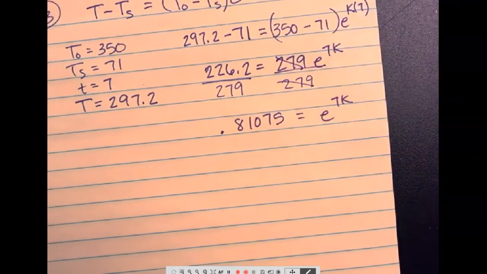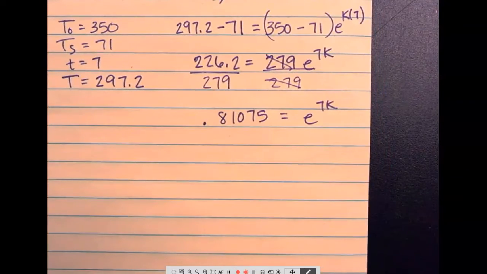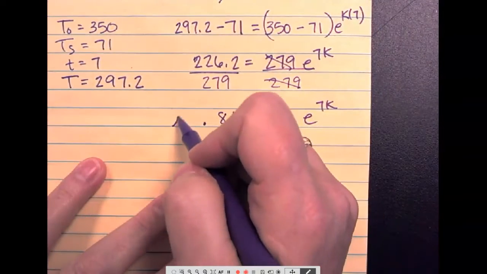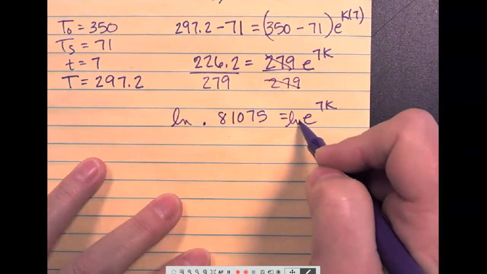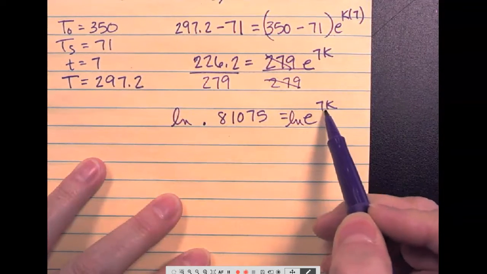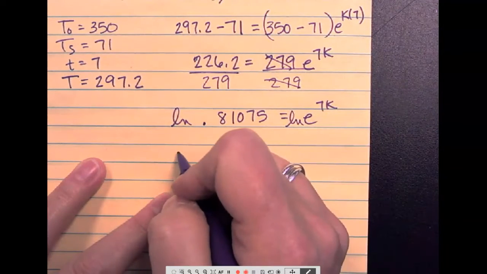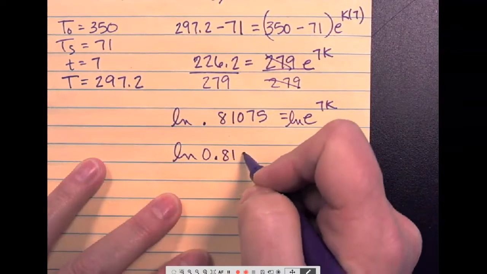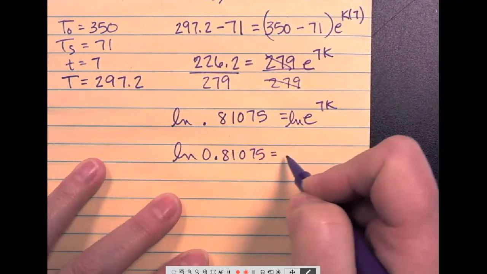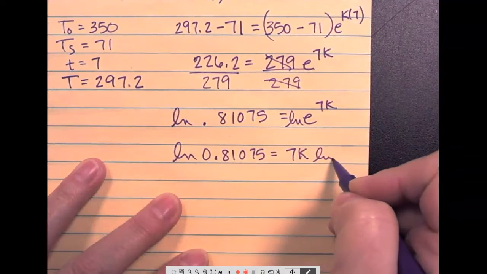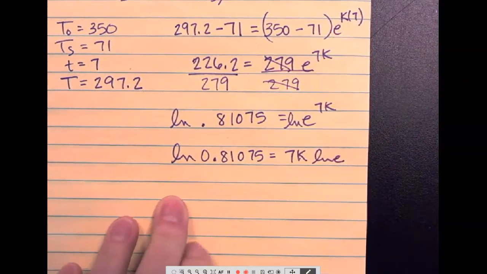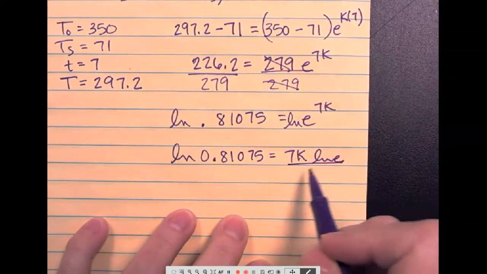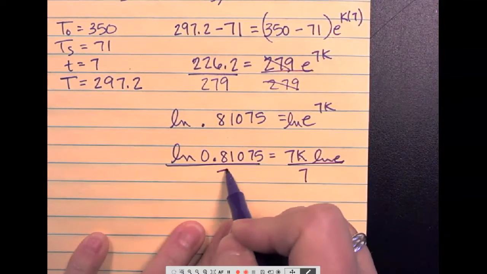Alright, so what I'm solving for is in the exponent. That's when logarithms come in handy. I can take the natural log of both sides, and then over here that 7k will come down as a coefficient. Natural log of e is 1, so I can ignore that. Divide both sides by 7.